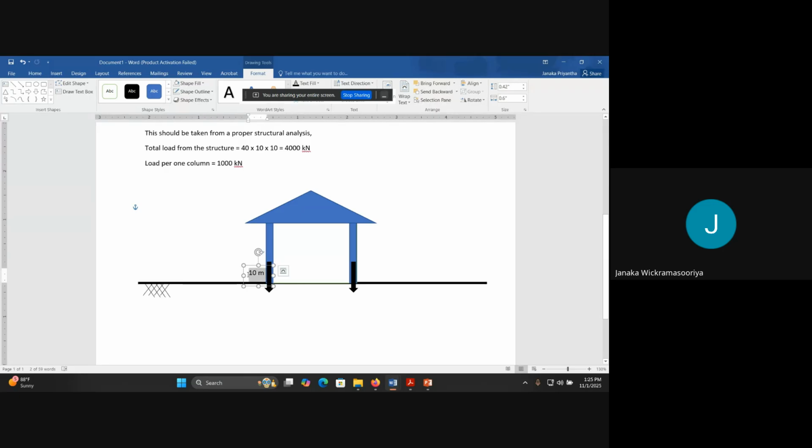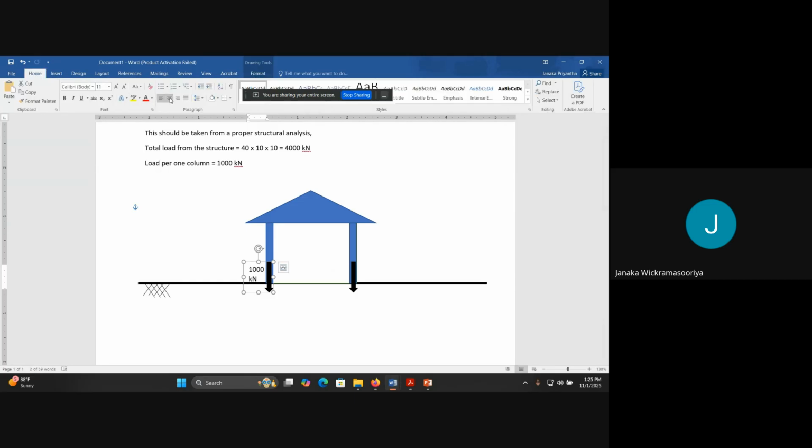That is about 1000 kilonewtons, and this one also 1000 kilonewtons.